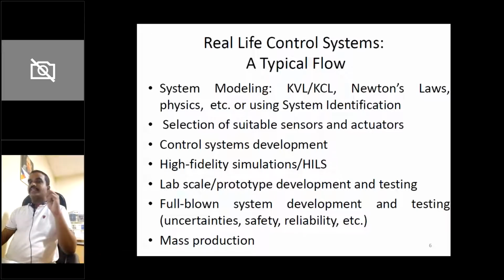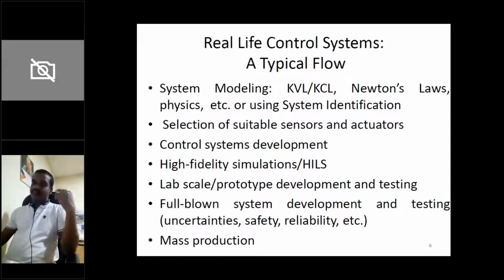And once we have the system model, the next task is selection of suitable sensors and actuators. That means what kind of sensors you want to use, what kind of actuators you want to use. For example, in the case of speed control of the DC motor, the first thing is you need some sensors to measure the speed.